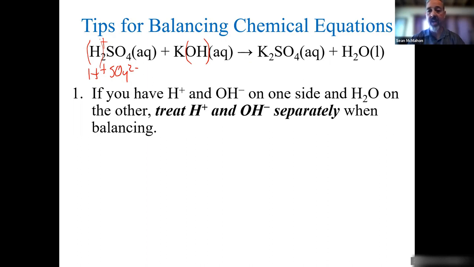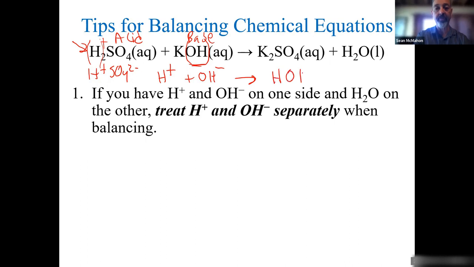But whenever you have an acid, how do I know this is an acid? Because the hydrogen's in front, and a base. How do I know this is a base? Hydroxide is a base. Whenever I have that, and I'm trying to balance, trust me, this is a neutralization reaction where I'm having an H plus and an OH minus coming together to produce a neutral water molecule.